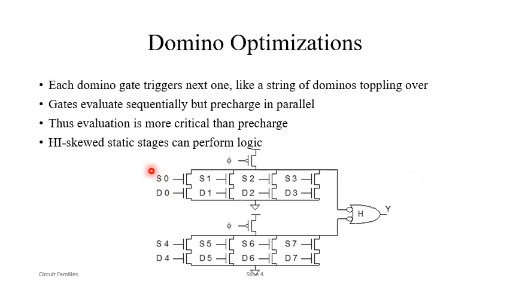That is why we have parallel pre-charge. Evaluation is more critical than pre-charge. Then high-skewed static stages can perform the logic, so we use high-skewed domino logic.